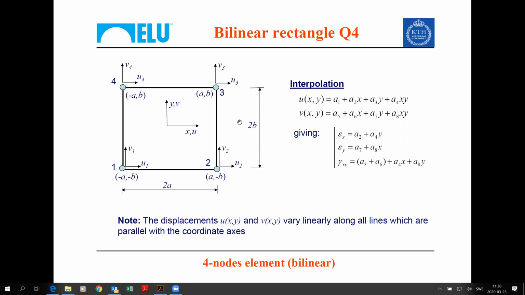So along a line which has constant y, a horizontal line, the interpolation in x is linear. If you have a constant x, so along any vertical line, the interpolation is also linear, but this time in y.